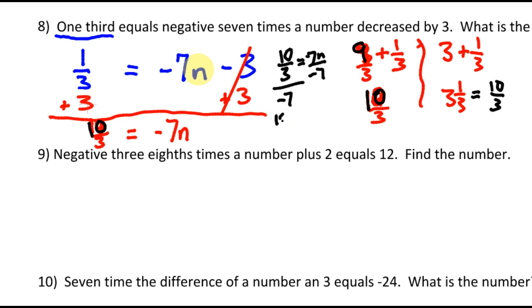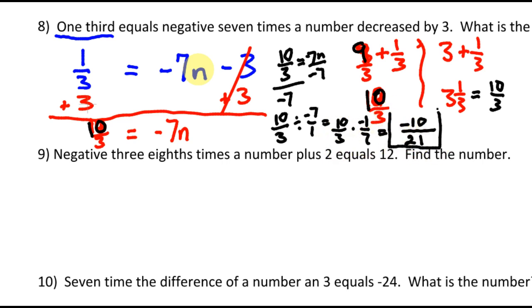So you might remember 10 thirds divided by -7 is the same as 10 thirds times -1/7. Multiply by the reciprocal, and then you can finish it up. -10 on top, 21 on the bottom, and you can leave your answer as a fraction.